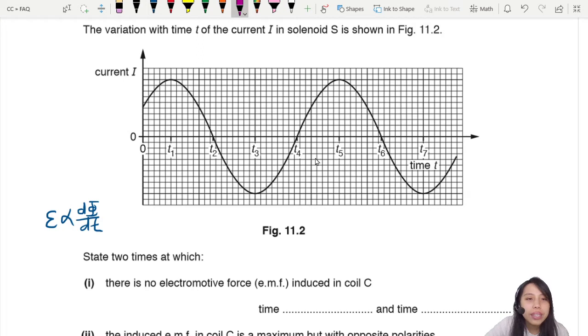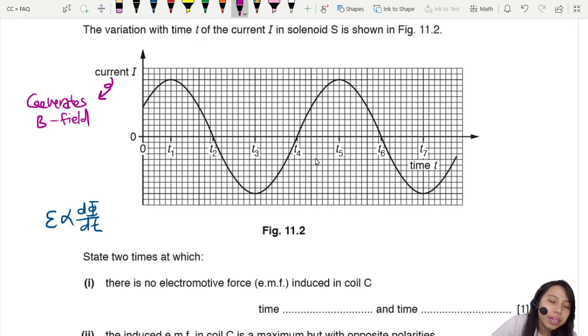So we're going to say that this current generates a B field. And the B field is calculated by flux. So number 1 generates B field. Number 2, flux we measure by B times A. So they are all linked together.